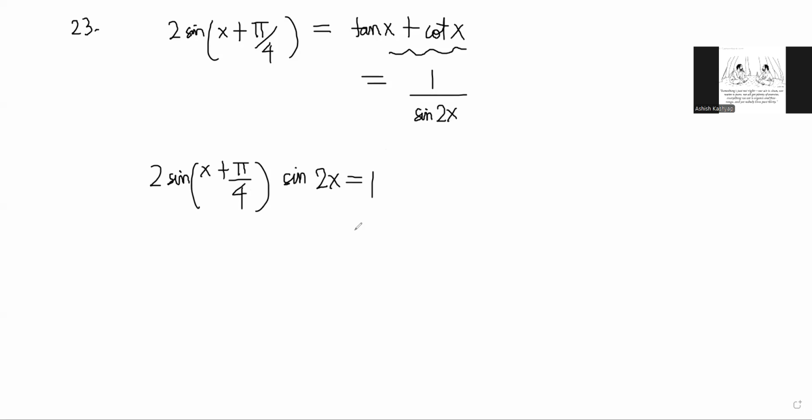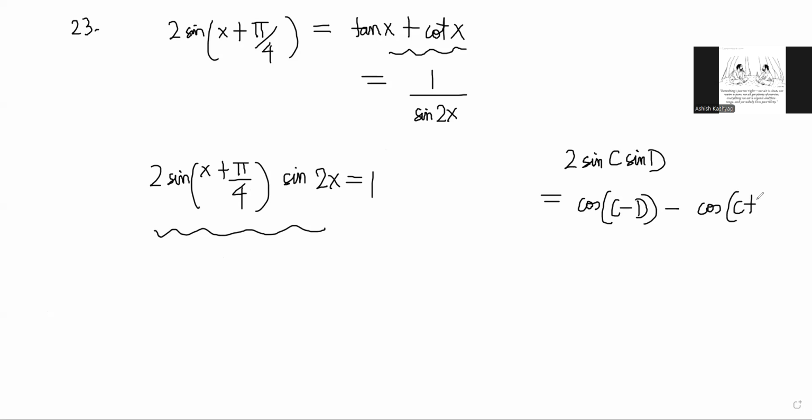You don't have to start taking cases. You have to write this as cos C minus cos D. Do you understand that 2 sin C sin D can be written as something? Do you know this formula? Is that clear, this formula?